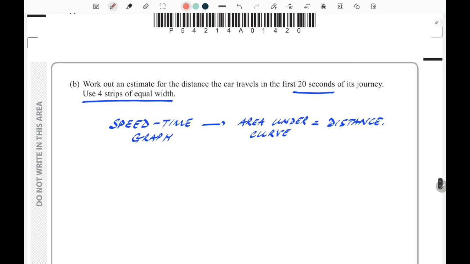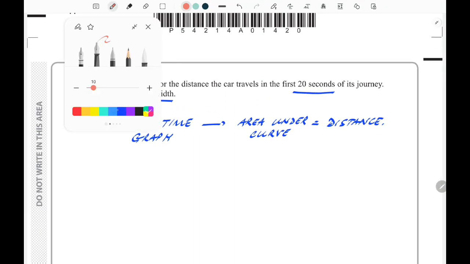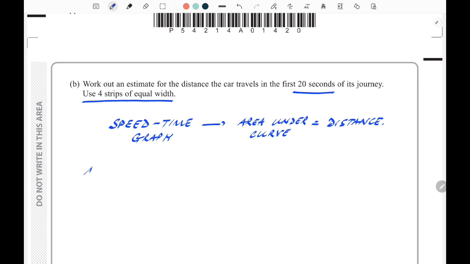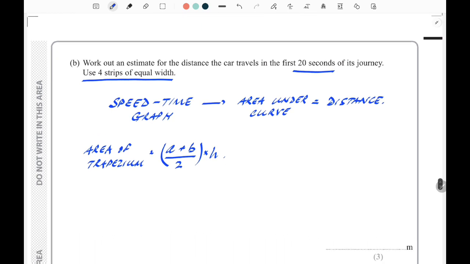So the area of a trapezium is given by A plus B, so that's the top and the bottom, divided by 2 times the height. All right. Now, in this case, my trapezia, in this particular question, all look like this, or something like that, right?